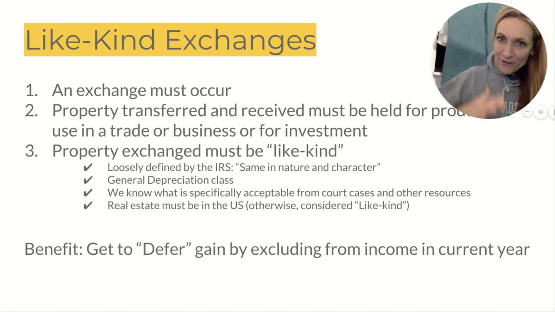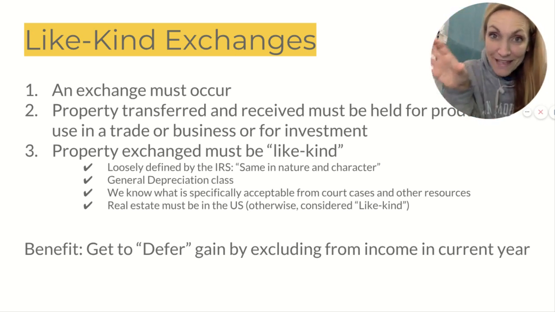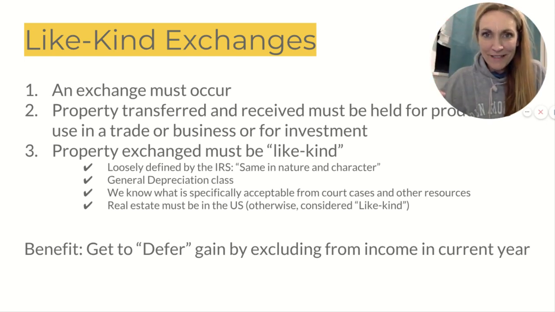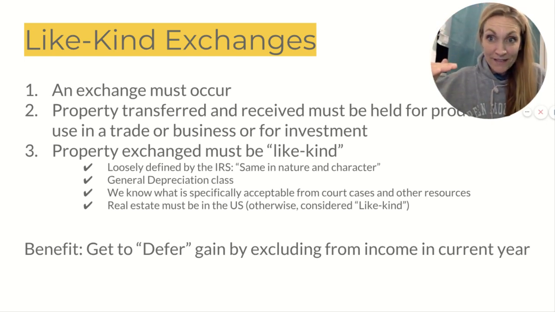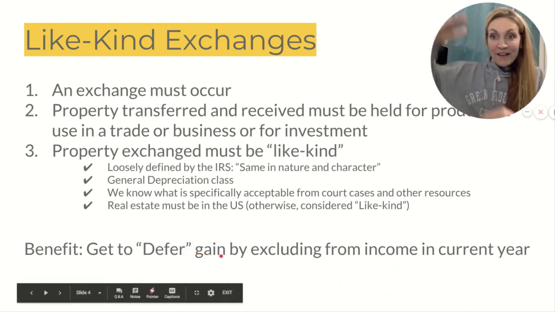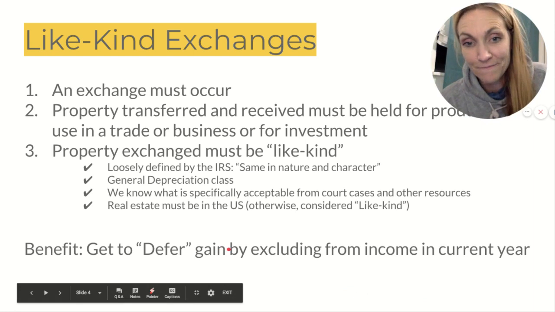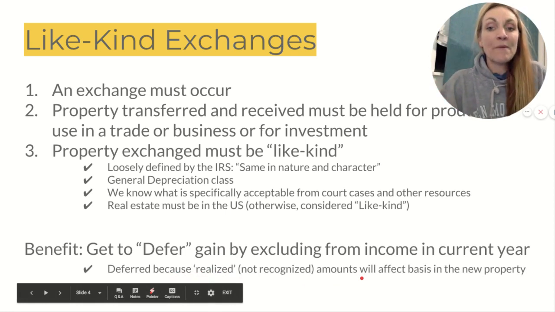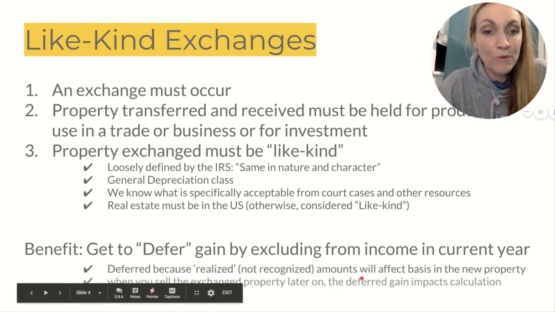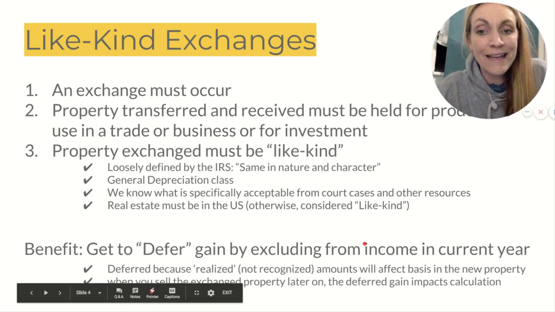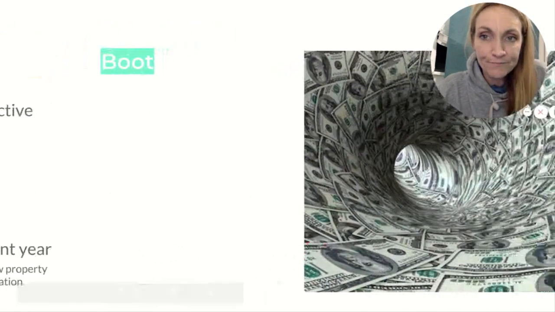Remember, income minus basis equals gain or loss. So if our basis gets smaller by the amount of the gain, then when we sell it, we're going to have a bigger gain. And it's deferred because it's not realized, it's not recognized, and so the amounts will affect the basis in the new property. When you sell or exchange the property later on, the deferred gain impacts the calculation.